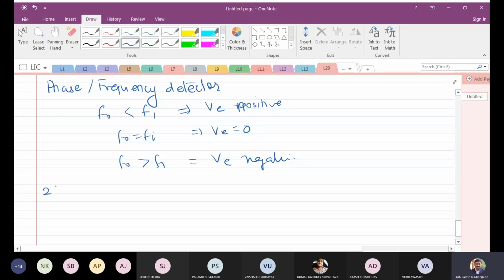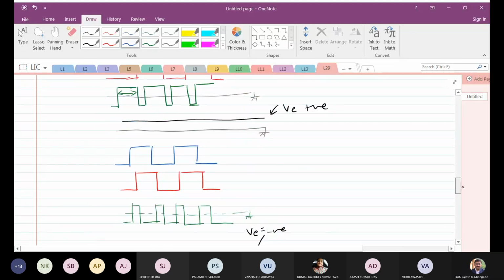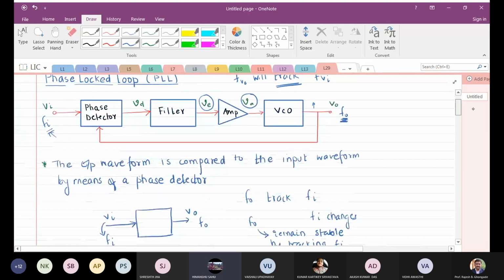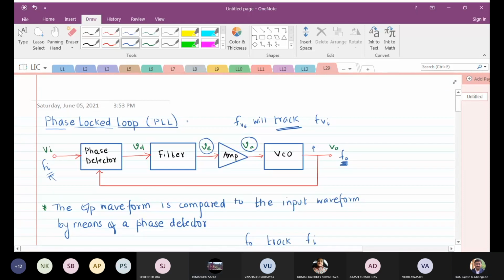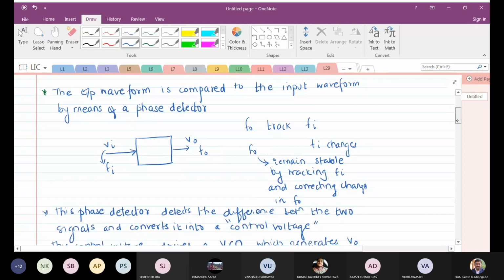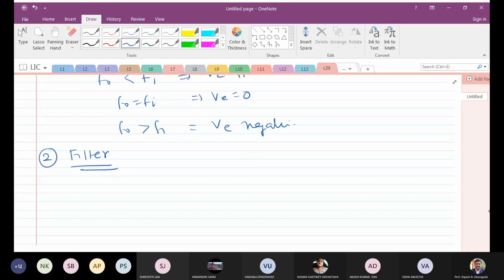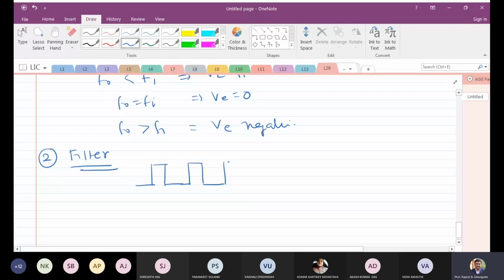Then the second component that we have seen is the filter. If you look at the block diagram, what is this filter doing here? What is the output of your phase detector? The output of your phase detector is something like this. And you are supposed to extract the DC content.